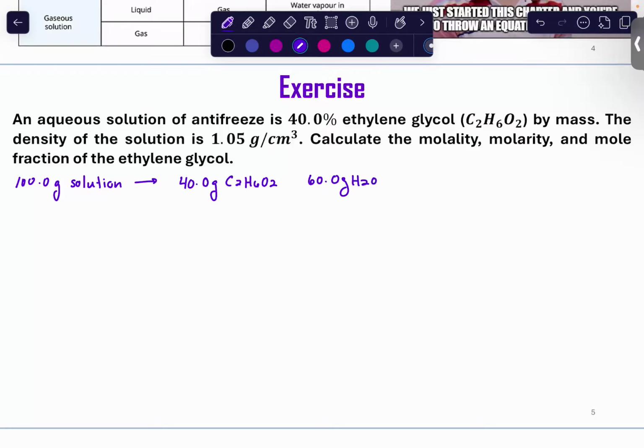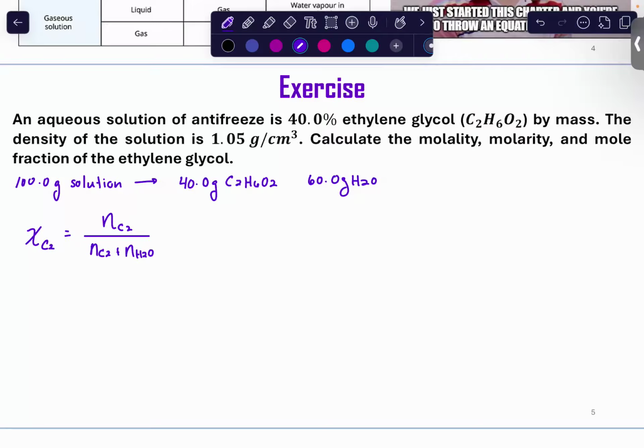All righty. Now, mole fraction. So we have to have the moles of the ethylene glycol over the total moles.